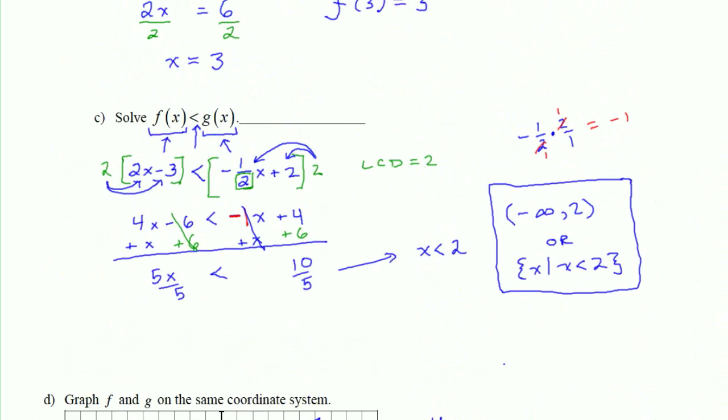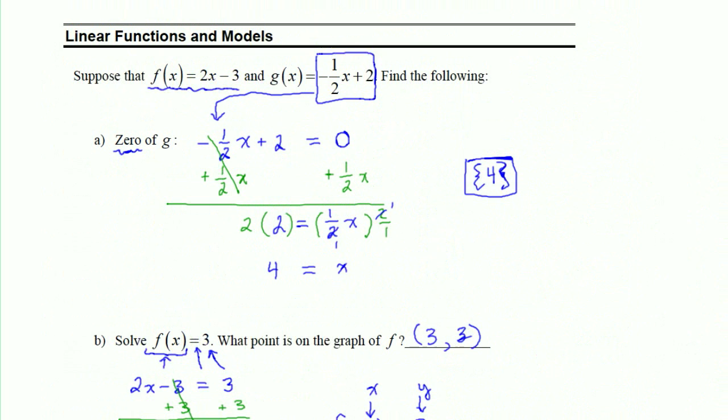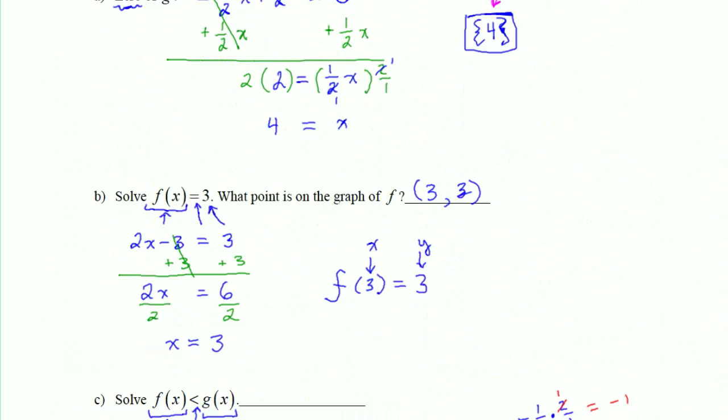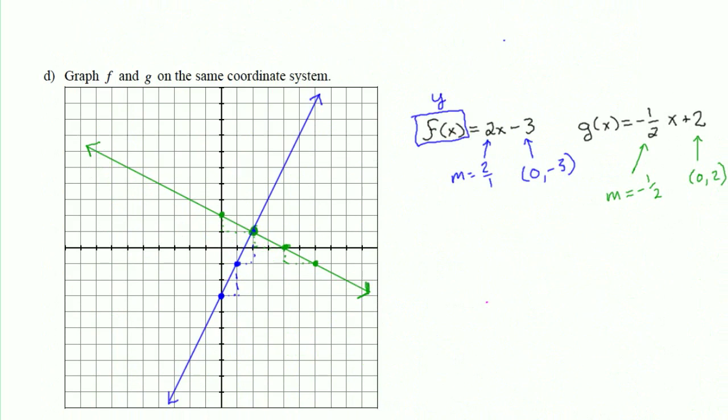First of all, we found that the 0 of g is equal to 4. So let's look at the graph of g. This green one here is my g, recall. And the blue graph is my f.